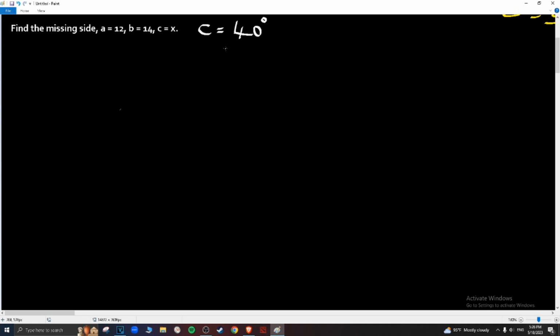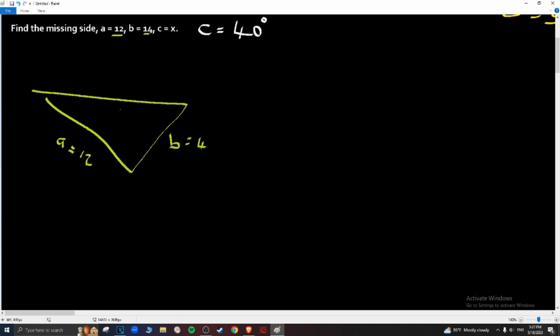Now, I am presented with two sides, right? So if I had to draw this, I can say A is equal to 12, B is equal to 14, and then C will be equal to 40, and small c is equal to x.